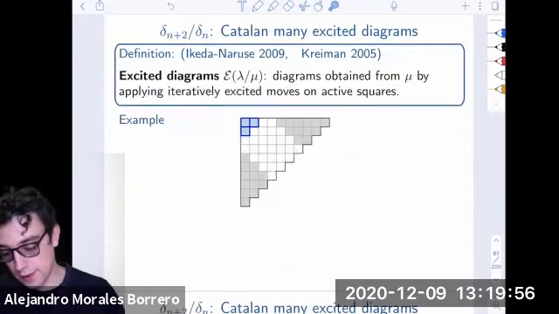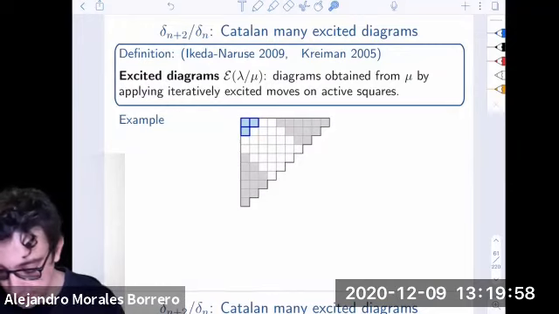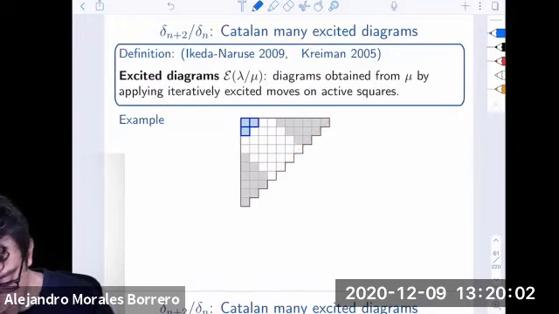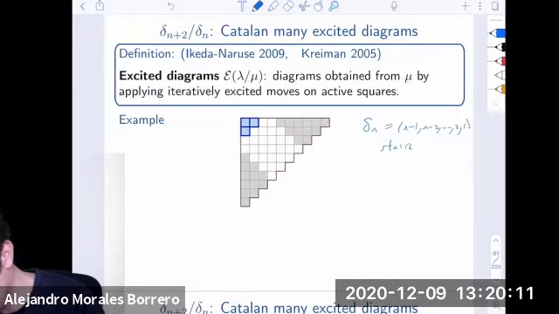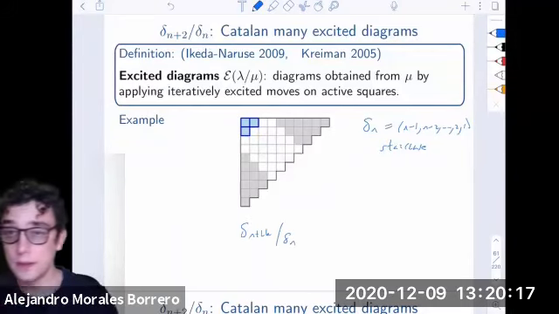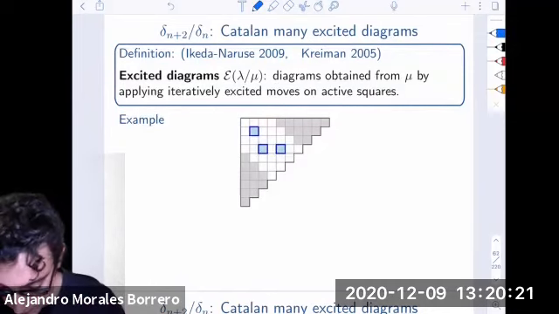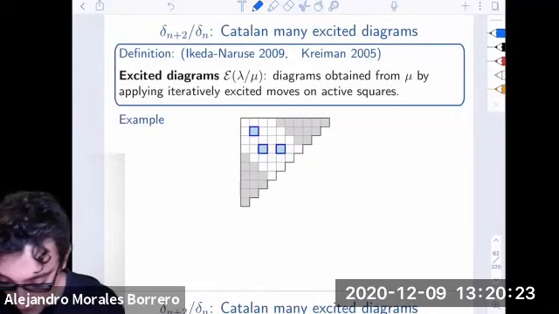And if you take a thick zigzag, so from now on, when you see delta n, and I didn't define this, sorry about that, delta n is just a staircase. Now we're going to consider thick staircases: you take a triangle and remove another triangle from it. Here's an example of an excited diagram.